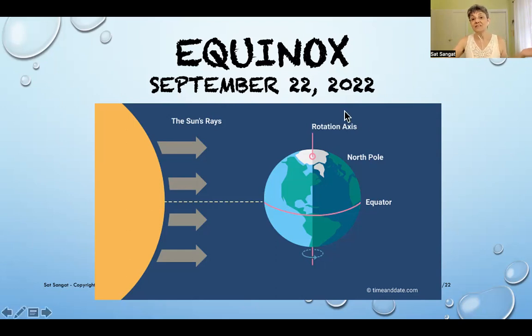And what is the equinox after all? It is one of the days of the year, because there are two, right? One in March and this one in September, where the night and the day are equal, exactly 12 hours each. So we experience the same amount of day hours and night hours. And this is due to the fact that the Earth has the rotation axis exactly perpendicular to the sun rays.